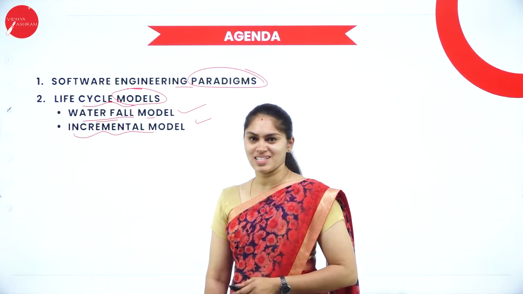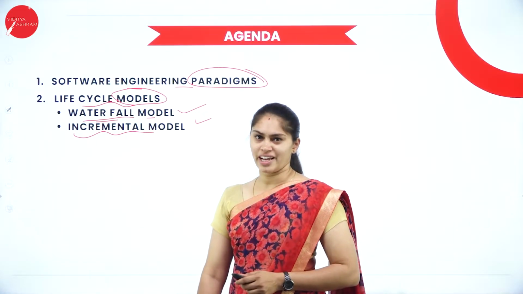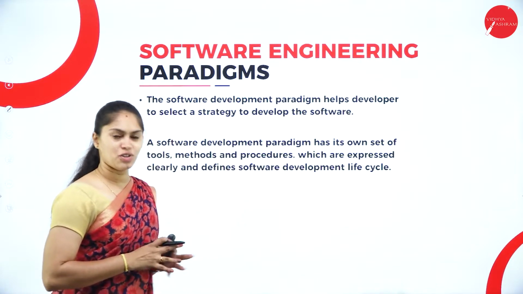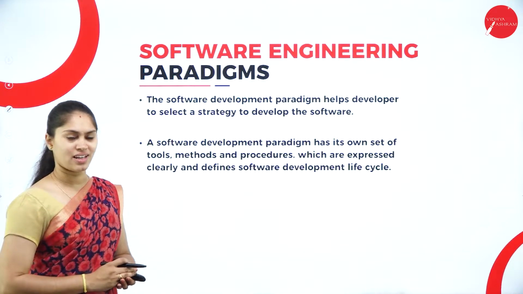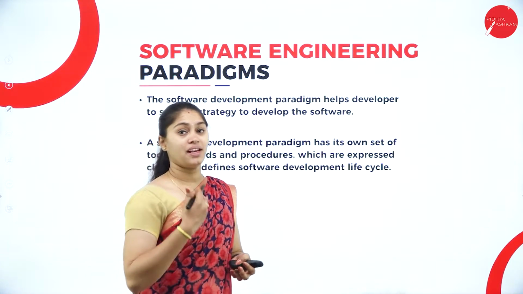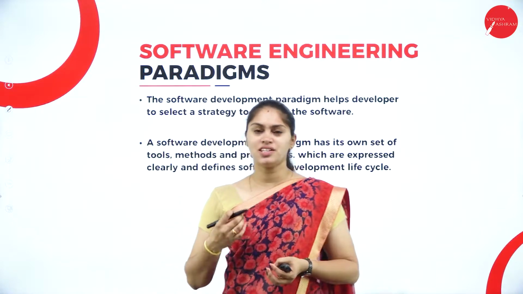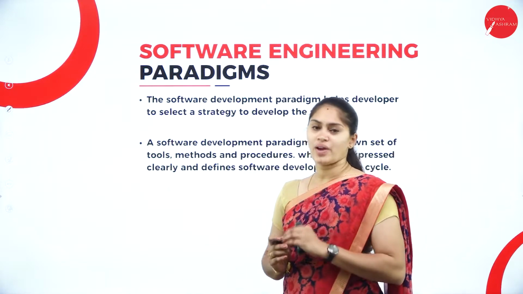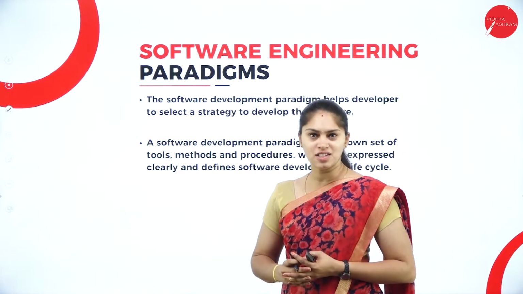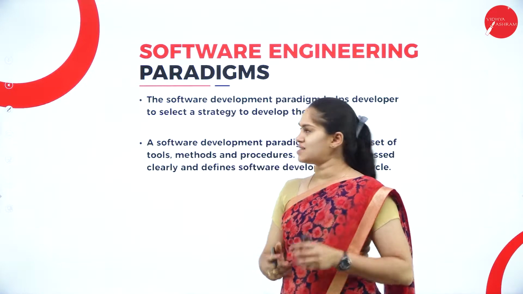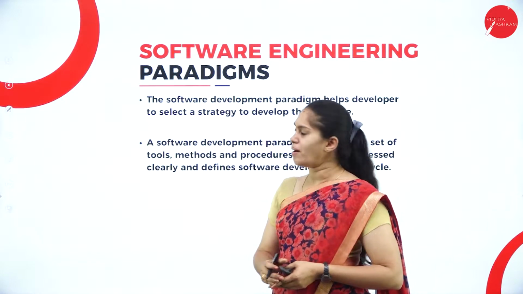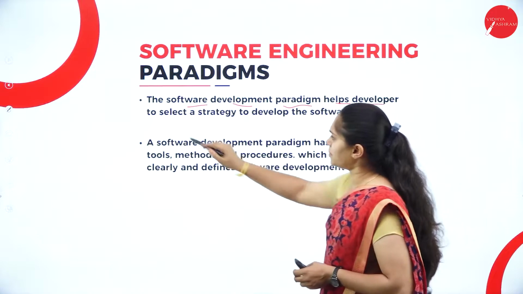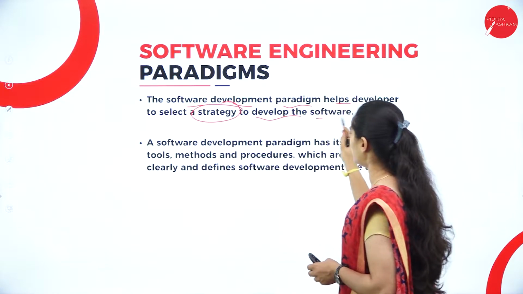Let me get into today's session, that is software engineering paradigms. As I discussed in the recap, we already know what software engineering is all about. It is a discipline, an art to manage the software in order to get a solution. Then, what strategies are we going to use in order to find a solution for a particular problem? That is all regarding the software paradigm. The software development paradigm helps the developer to select a strategy to develop the software.